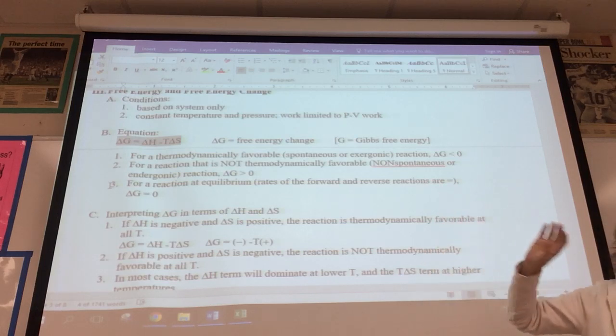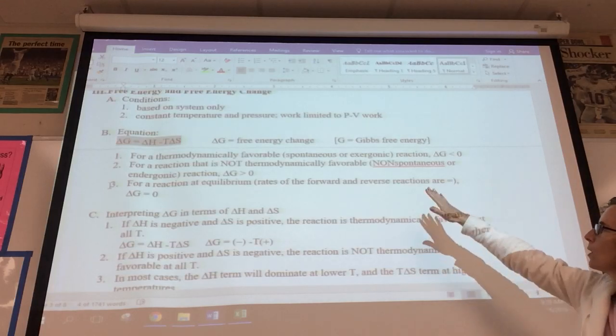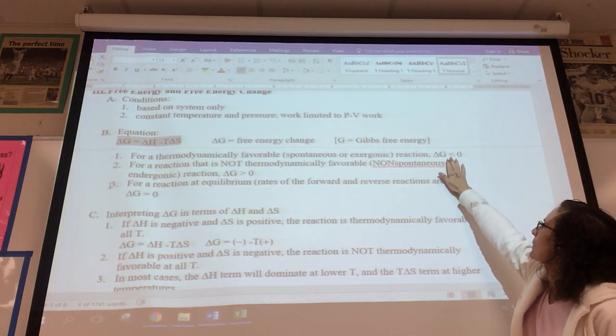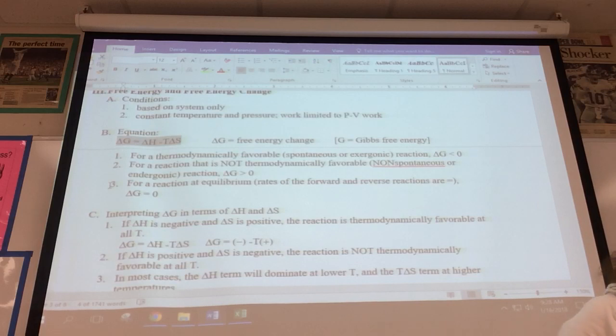Delta G is equal to delta H, the change in enthalpy, minus T delta S. The change in free energy determines whether a reaction is thermodynamically favorable, also known as spontaneous or exergonic. Thermodynamically favorable reactions have delta G's less than 0.